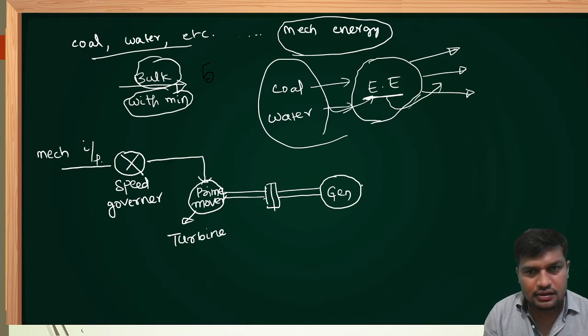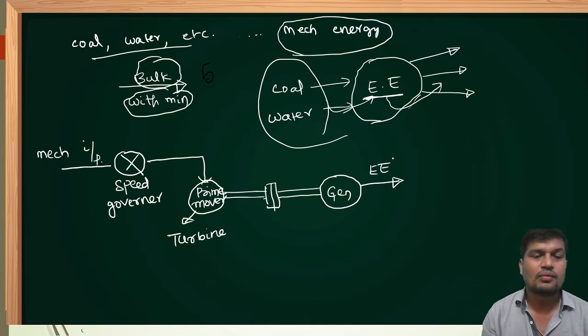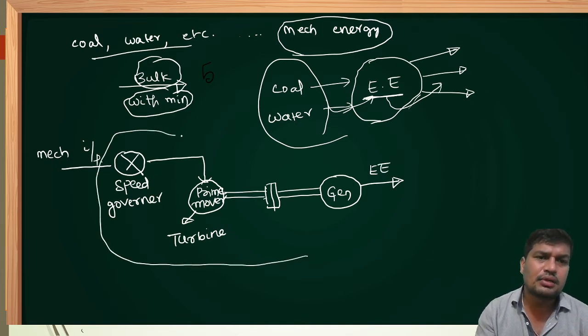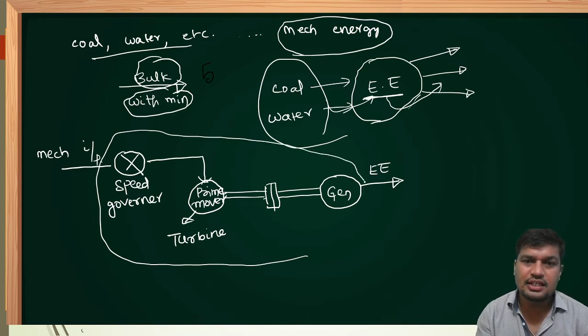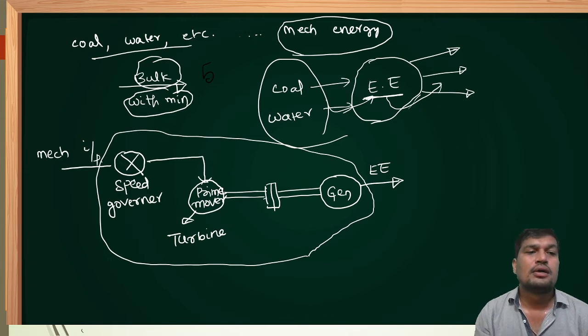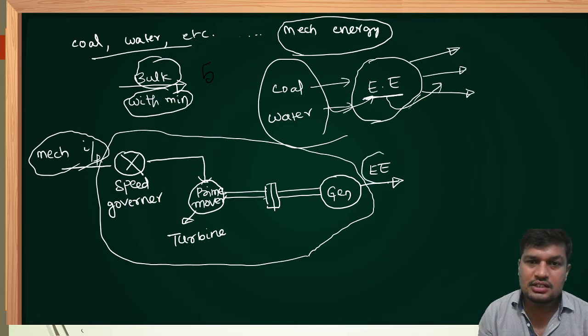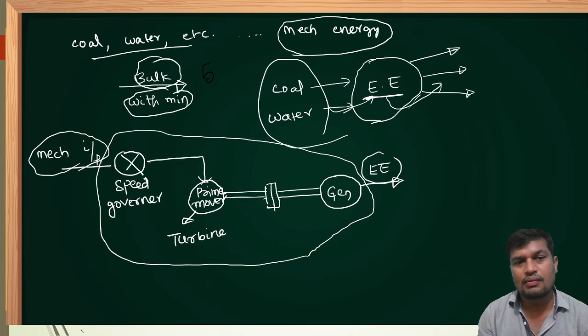From the generator, we can generate electrical energy. So these are the equipments. Just it is a brief diagram, not an in-depth diagram. We'll discuss in depth when the topic starts. Right now it is in basics. So the directly available mechanical energy is converted into electrical energy with the help of this diagram.